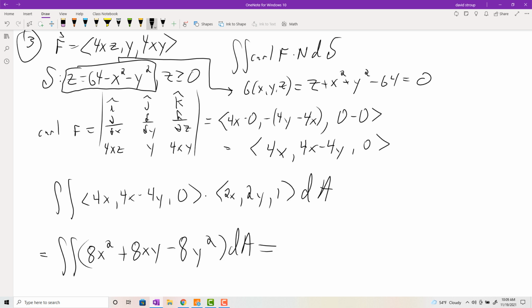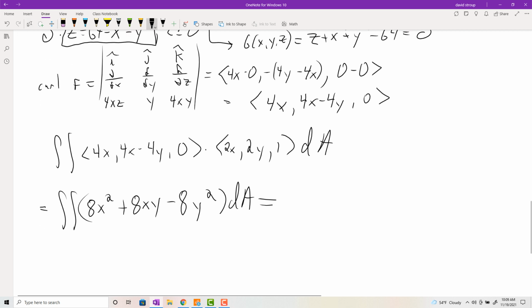I'm going to go to polar coordinates. If not, you're going to be dealing with a lot of square roots, which you could deal with, but I just do not like square root functions at this point in life. So I'm going to factor out the 8, and then converting to polar, you can't quite get rid of the x squared plus y squared and just put an r squared. That ain't going to work, right? Because you've got x squared minus y squared. You need x squared plus y squared. So sorry to ruin your day. I'm also going to have to distribute an r into the expression, so it'll be an r cubed eventually.